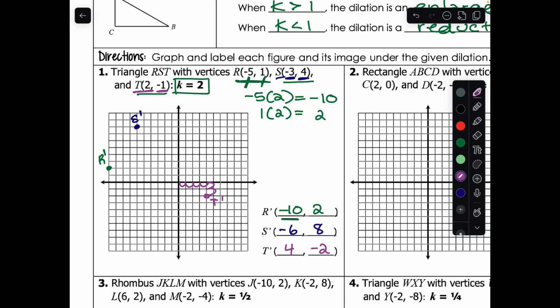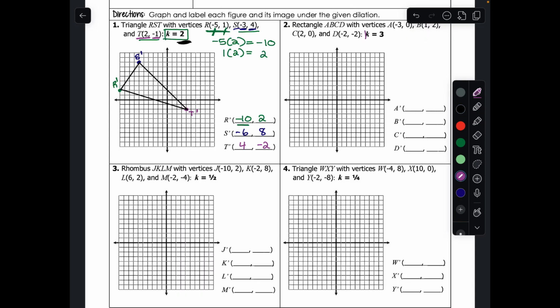So this is our T prime here. So this is our dilated triangle. And because the scale factor is 2, this triangle is 2 times bigger than the original triangle RST.